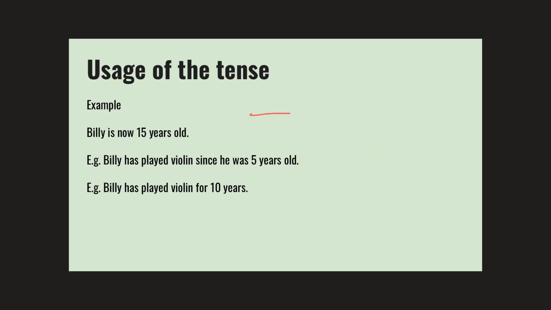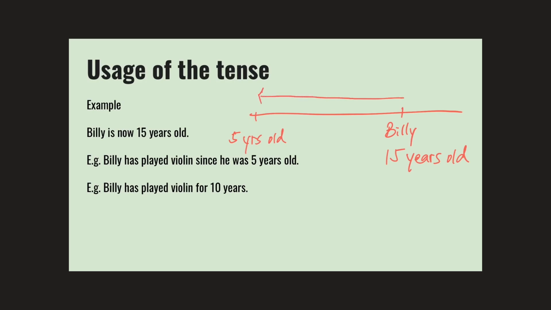Alright? So in this scenario, Billy is now 15 years old. Let's draw the timeline of an event. Alright? So Billy is now 15 years old. And he started learning violin since he was 5 years old. So he has played violin for how many years? 10 years.